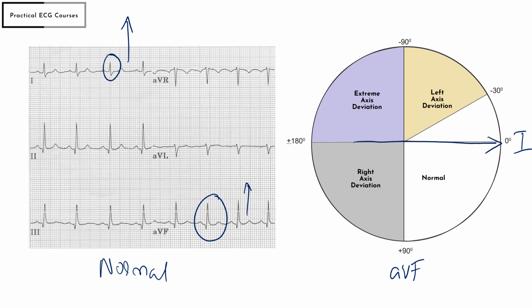And AVF being predominantly positive means AVF also sees the vector as coming towards it. This tells you that the actual mean vector is somewhere in this quadrant between 0 and plus 90. And since this is the normal quadrant, it tells you that this patient has a normal axis. This is the concept behind it. To actually calculate, all you need to know is if both are positive in 1 and AVF, that's normal. That's all.